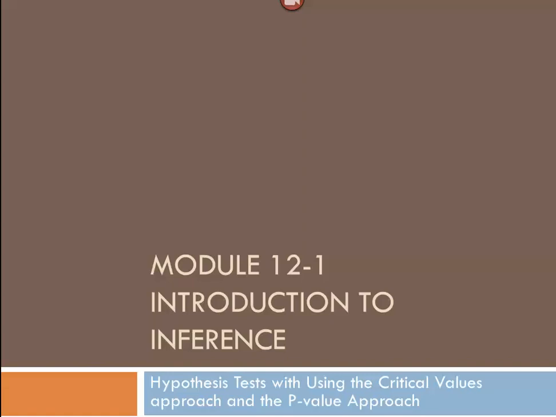In this section, we're going to specifically look at two different approaches for hypothesis tests. The first one being the critical values approach, where we compare z-values, and the p-value approach, where we determine probability of our sample outcome. At first, let's just talk about hypothesis testing in general.